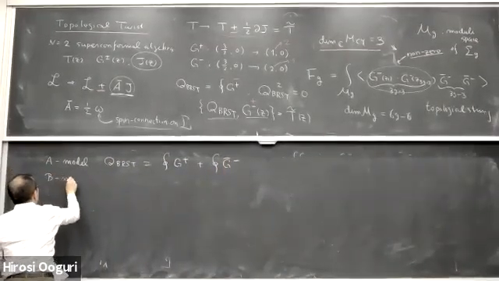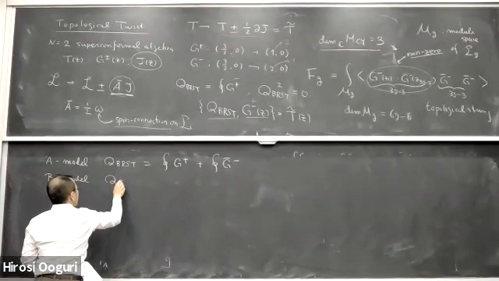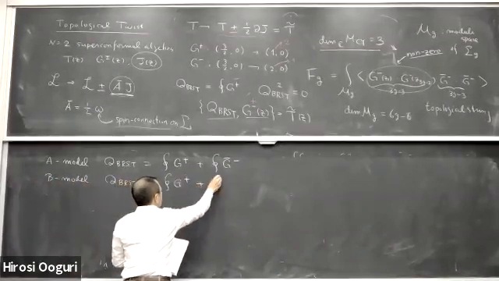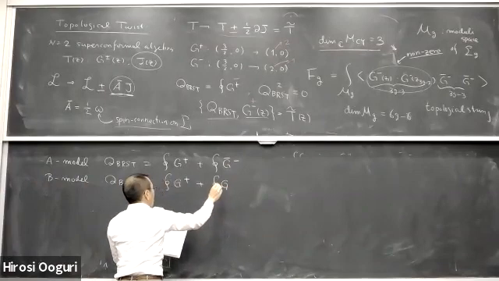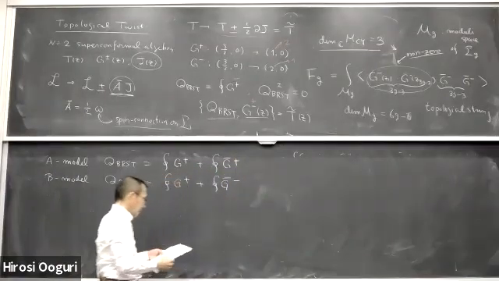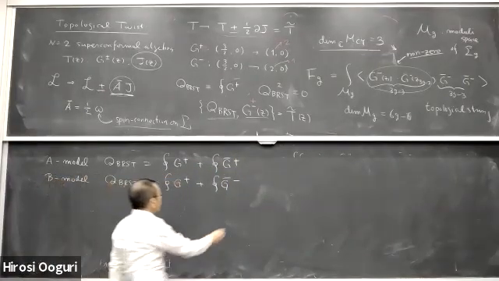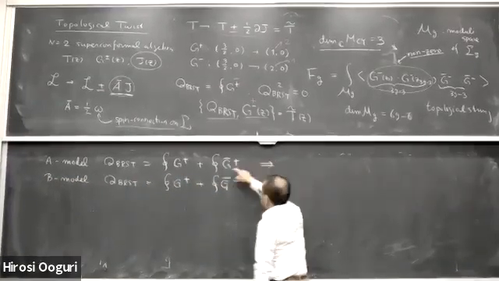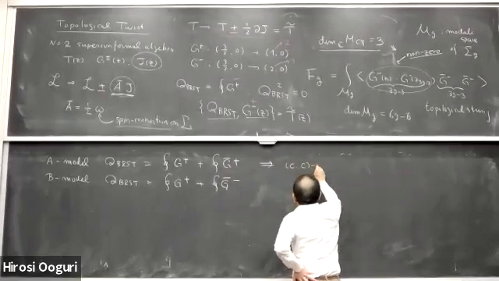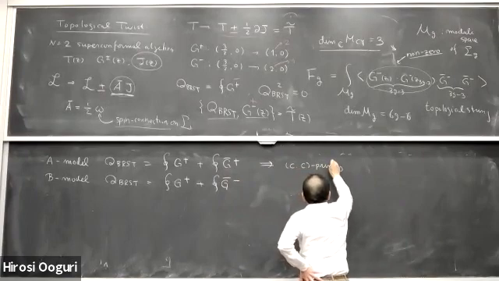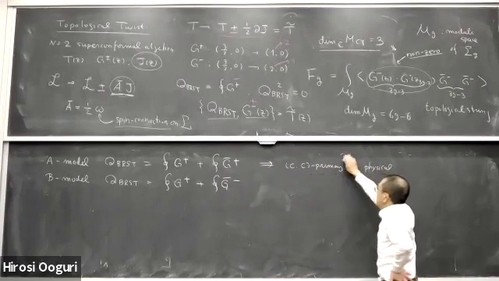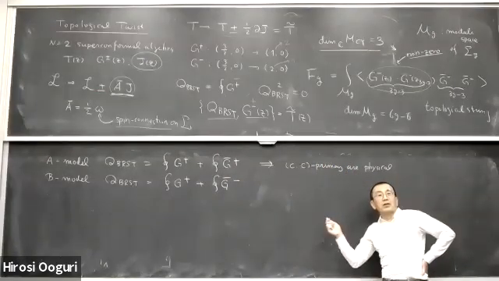And B models are the ones where the BRST operator is given by G plus and G bar plus. So for the A model, it's G plus and G bar minus. Okay, so if you make this choice, then you see that the CC primaries are physical, in the sense that they are in the non-trivial BRST cohomology.